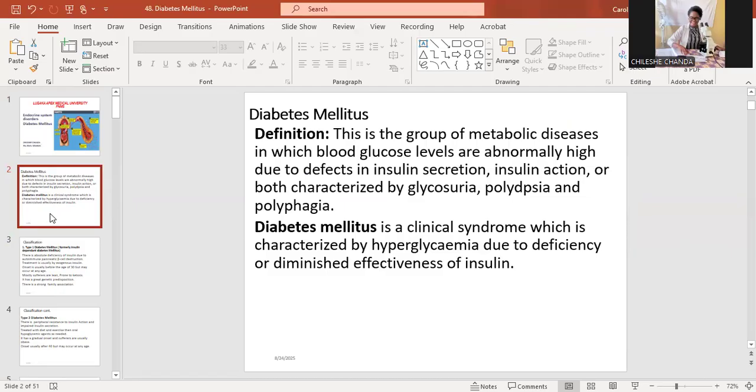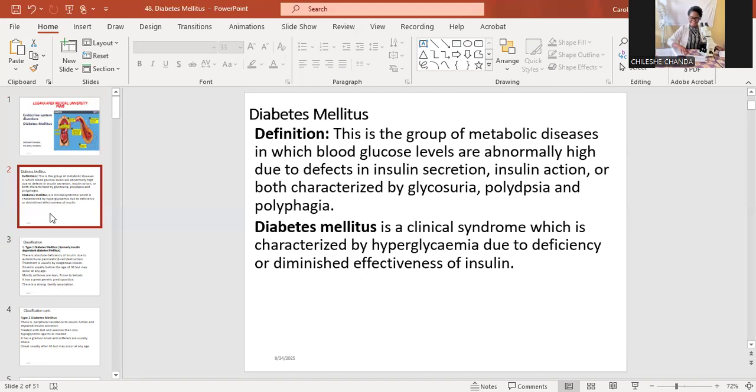Now, diabetes mellitus is said to be a group of metabolic diseases in which blood glucose levels are abnormally high. This is due to defects in insulin secretion, insulin action, or both, and characterized by glycosuria, which is the presence of glucose in urine, polydipsia, which is excessive thirst, and polyphagia, which is excessive hunger.